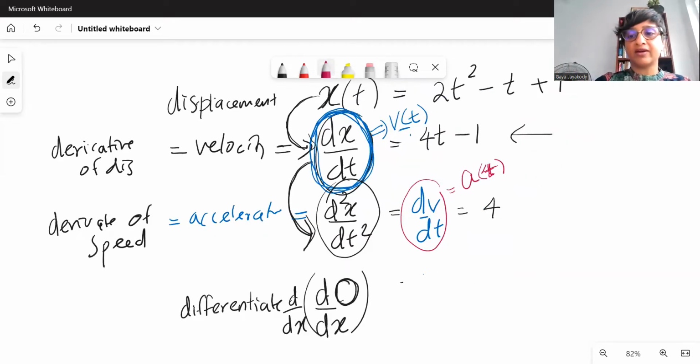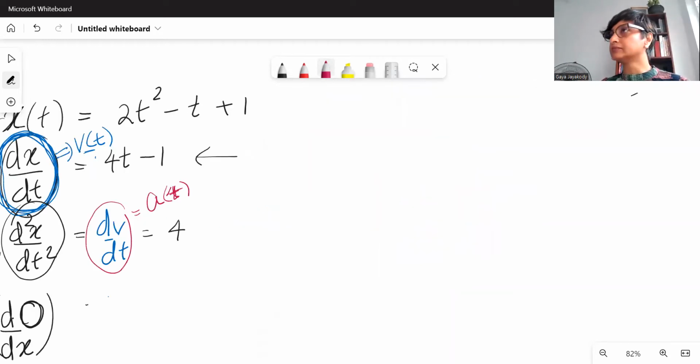Then if I take another one, for example, think you have an energy function with respect to time. Somebody's doing work, or a work done function, or spending energy.